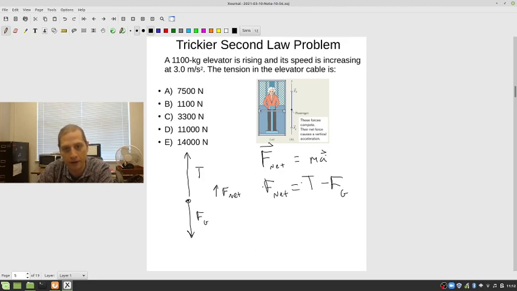Now F net equals ma, so I'm going to use Newton's second law. And the force of gravity, we know it's the mass times the gravitational field strength, so m times g. Okay, so if I want to find out what the tension in the elevator cable is, I would just go ma plus mg.